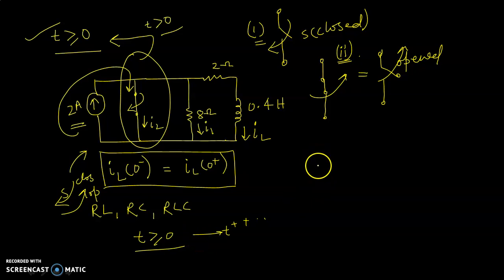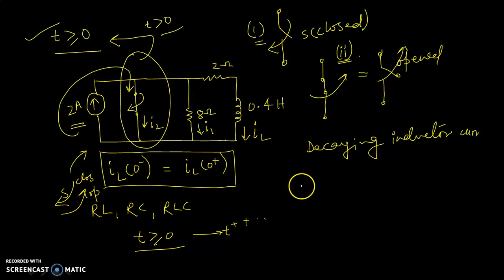So the decaying inductor current is given by IL(t) is equal to IL(0+), we are at the 0 plus position, e raised to power minus t by tau.